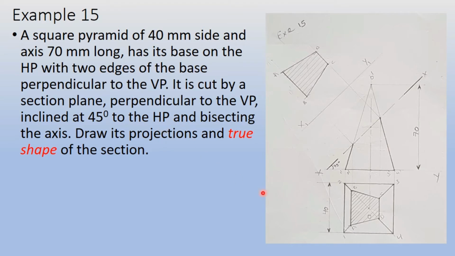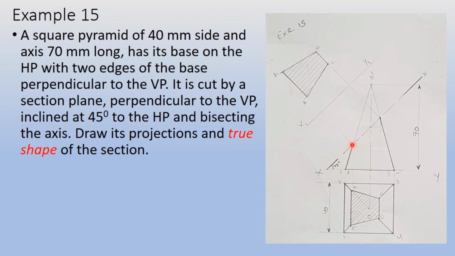So this is the final solution of a square pyramid directly resting with its base on HP. You can see the section plane being inclined to HP and passing through the axis, bisecting the axis. As you can see, if total length is 70, I have taken 35 distance. And here, this is our true shape, which we have already seen.